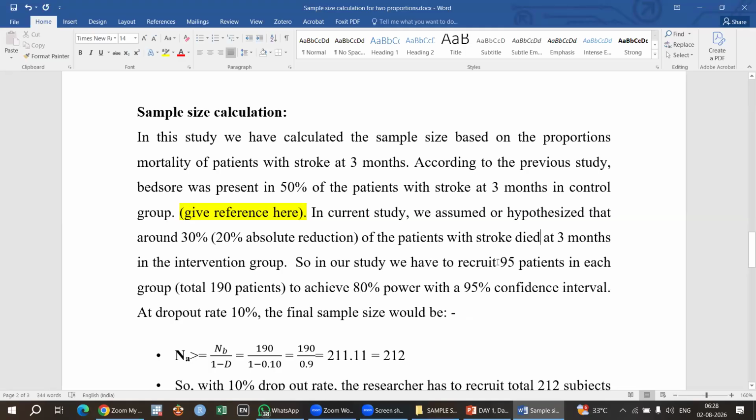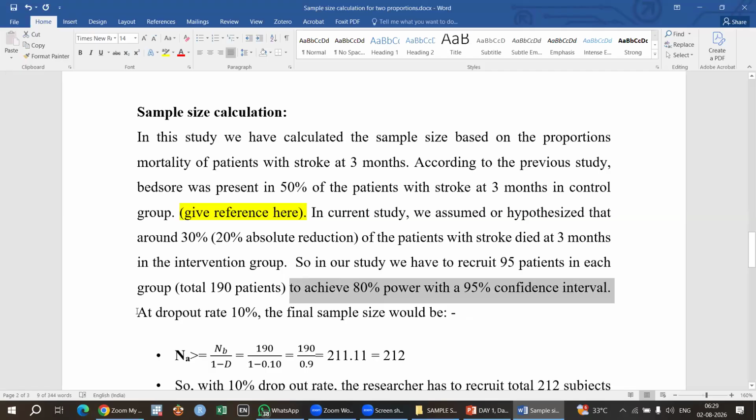So in our study, we have to recruit 95 patients in each group, in total 190, to achieve 80% power with a 95% confidence interval. We have to mention what power and what confidence interval we used to calculate sample size. Please remember.